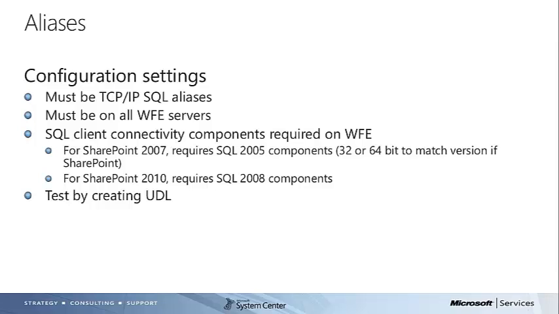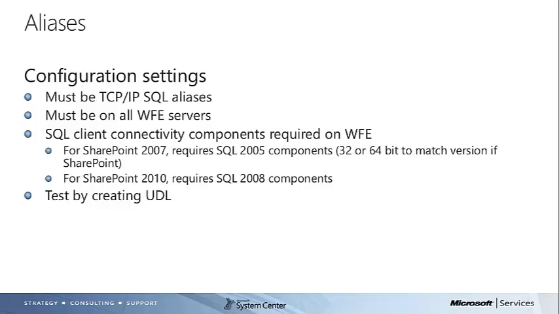Now, if you're using SharePoint 2007, you have to have the 2005 components, and on top of that you have to have the 32-bit if you're running SharePoint 2007 32-bit. If you're running SharePoint 2007 64-bit, then you need the 64-bit version of the client connectivity components. So you have to not only have the right version of 2005 for SharePoint 2007, but you also have to have the right 32 or 64-bit version.